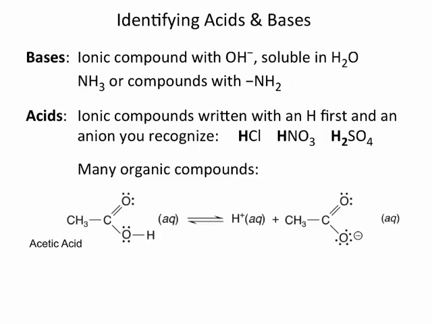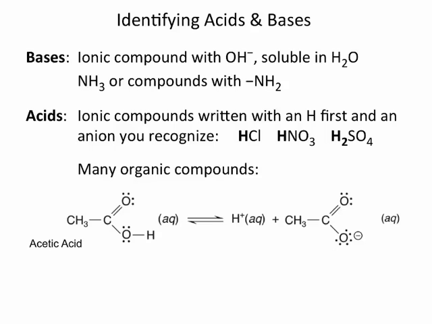It's an ionic compound with hydroxide as the anion that's soluble in water. So an example here might be sodium hydroxide, potassium hydroxide, things like that. Bases are also ammonia or compounds that have some component attached to an NH2 group. This will also function like a base.